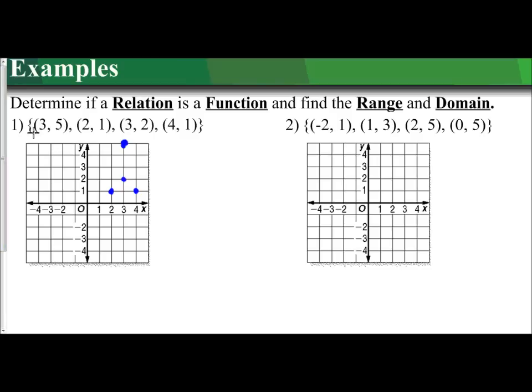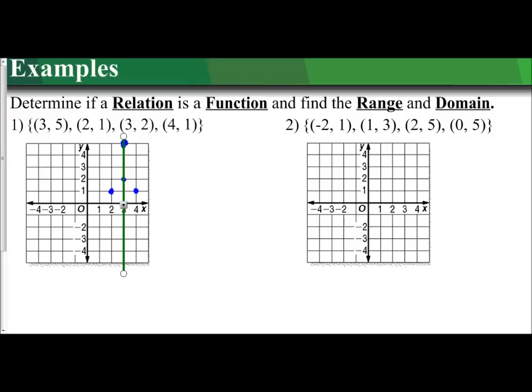So let's try it. I'm going to draw my vertical line, and it's easy to see this way. If I were to draw it anywhere through this relation, do we ever see it intersect at any point more than once? If I go back, we see it intersects once, but at this place on the relation, we see there are two intersections, one at (3, 5) and one at (3, 2).